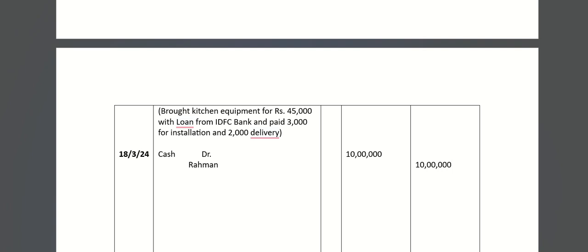The liability for him to make the payment to our business has decreased by 10 lakh. We can write in the journal entry: repayment, or payment also is okay, made by Rahman. When Rahman made the payment, this is how the journal entry will appear.